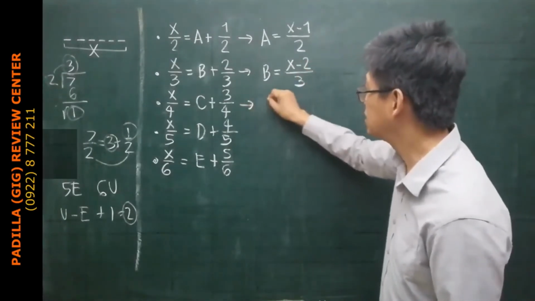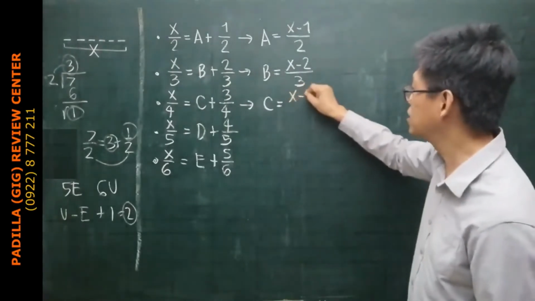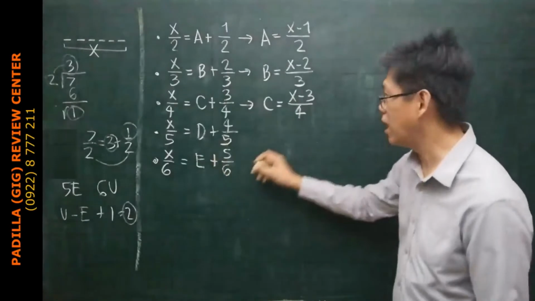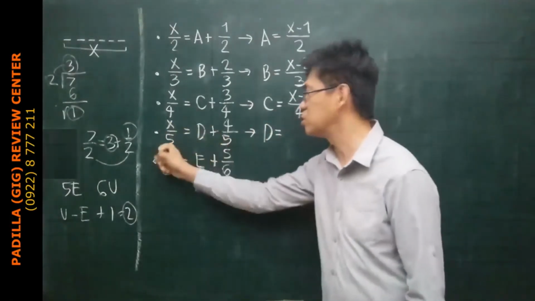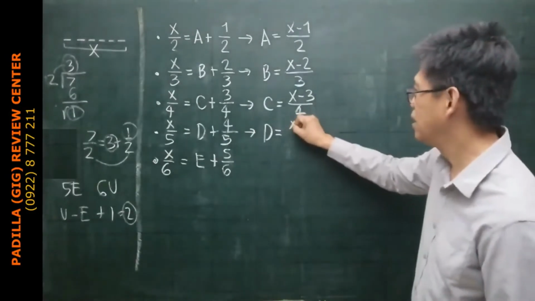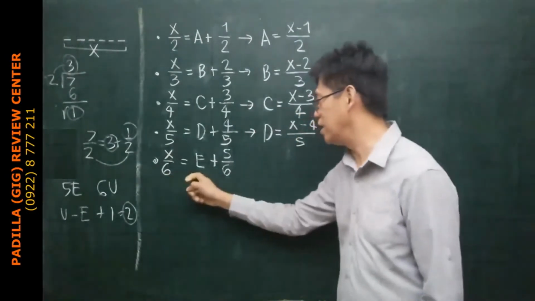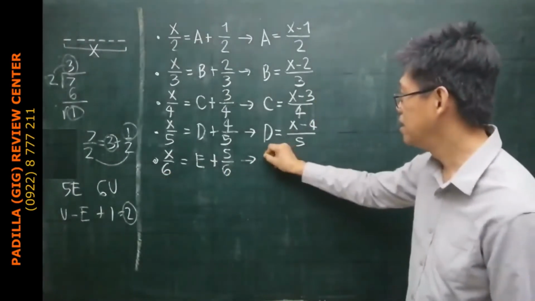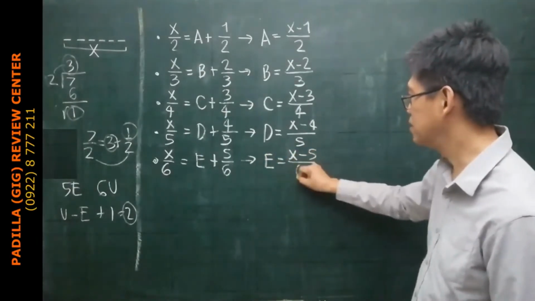While here, C is X over 4 minus 3 fourths. This is (X minus 3) over 4. While this one, our D, is going to be equal to X over 5 minus 4 fifths. It's (X minus 4) over 5. While in here, E is X over 6 minus 5 sixths. It's (X minus 5) over 6.